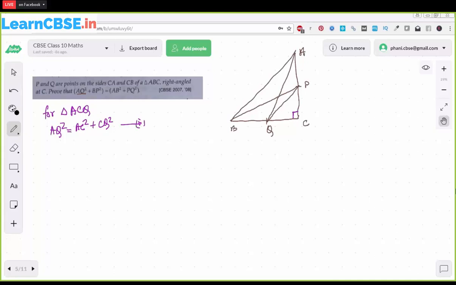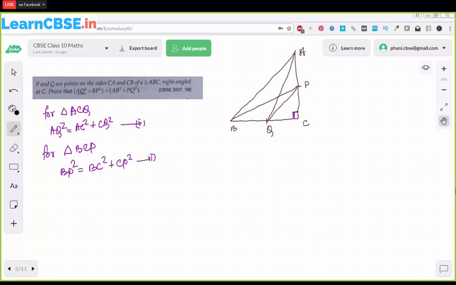Now there is one more right angle triangle, which is BCP. For this triangle, the right angle is again at C. So opposite to that is the BP side, the hypotenuse. So BP square equals BC square plus CP square.